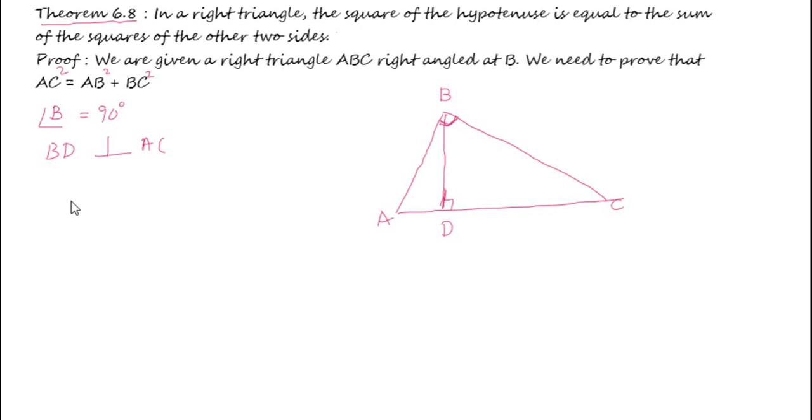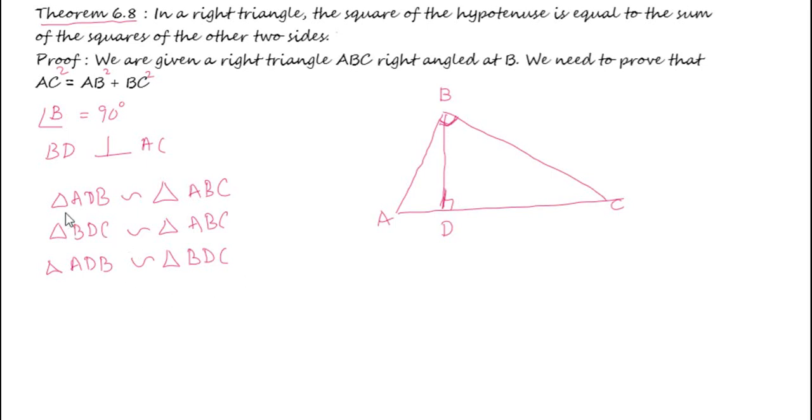What we proved earlier is triangle ADB is similar to triangle ABC, triangle BDC is similar to triangle ABC, and triangle ADB is similar to triangle BDC. Let us use this to prove this theorem.